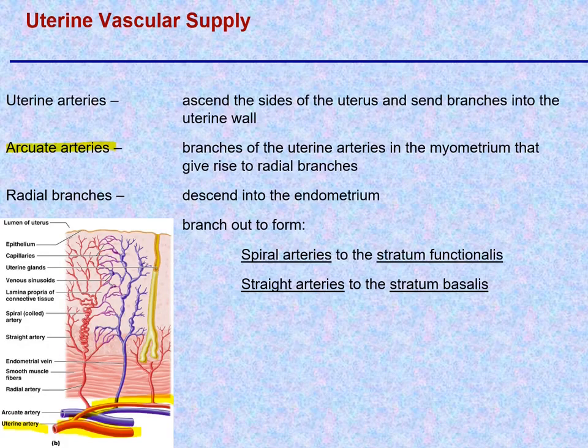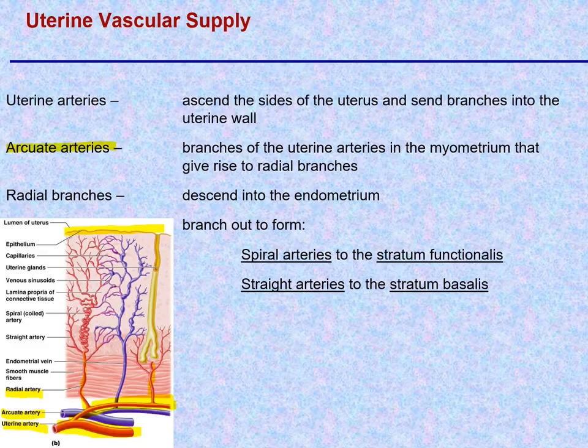That's in the myometrium, and it gives rise from the arcuate artery. That's the arcuate artery here, this structure, and it gives rise to radial arteries which go up towards the very surface in that direction.